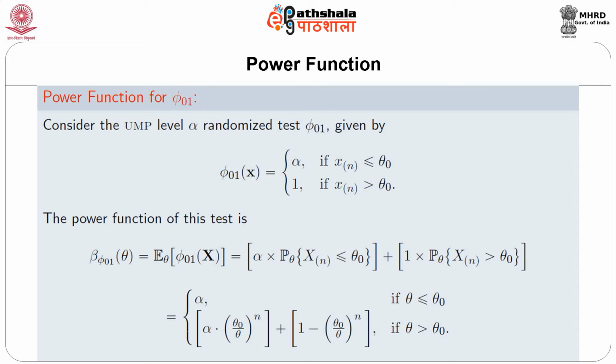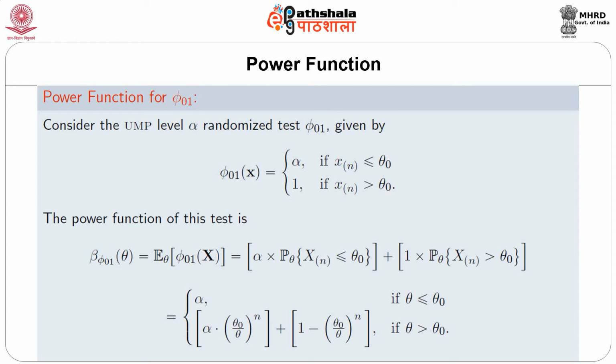So theta naught plays the role of B. From the last slide, if B is greater than theta, this probability is 1, and for A less than theta, the probability is (A by theta) to the power n.